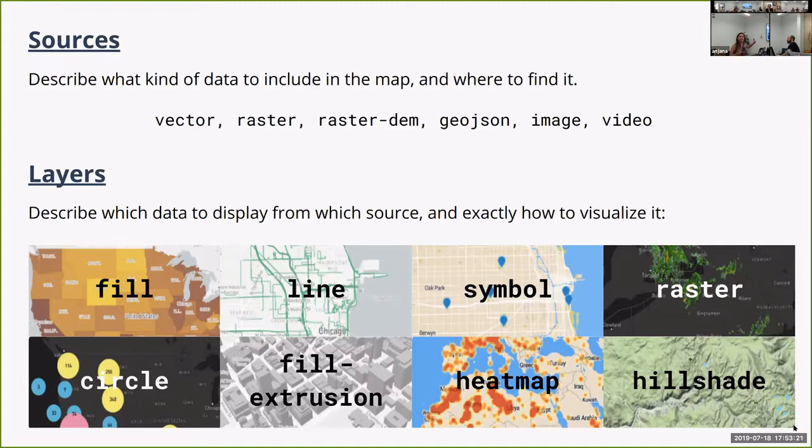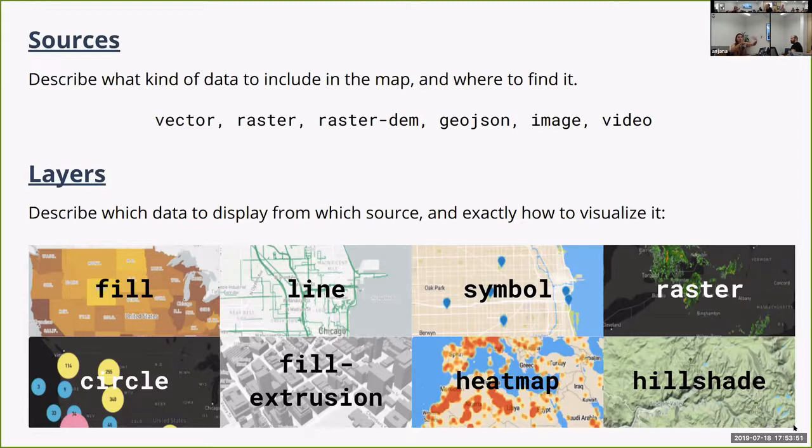Let's say you wanted to show some of the voter maps that we looked at earlier, coloring in different counties blue or red. You can also have layers that are lines like roads or walkways or waterways. Symbols are essentially icons or text labels. You can have raster imagery. For example, the Weather Channel uses that to do its Doppler maps.